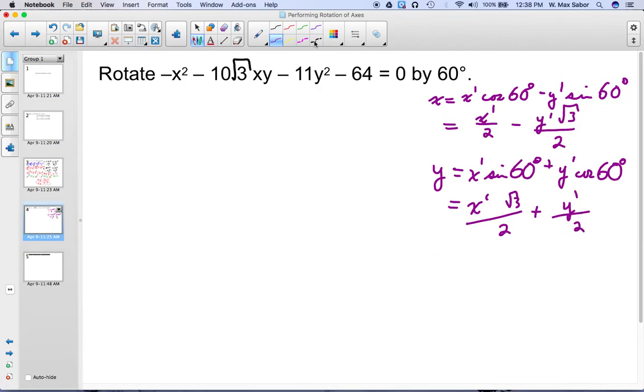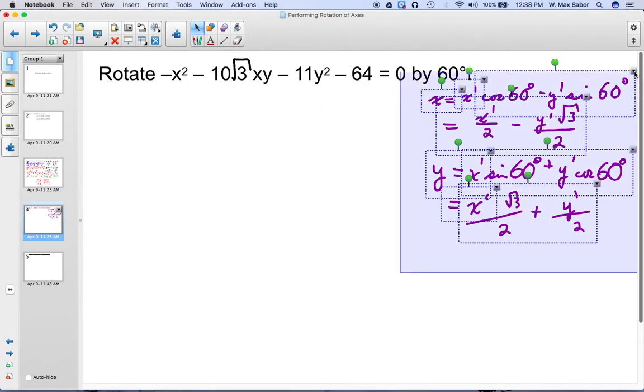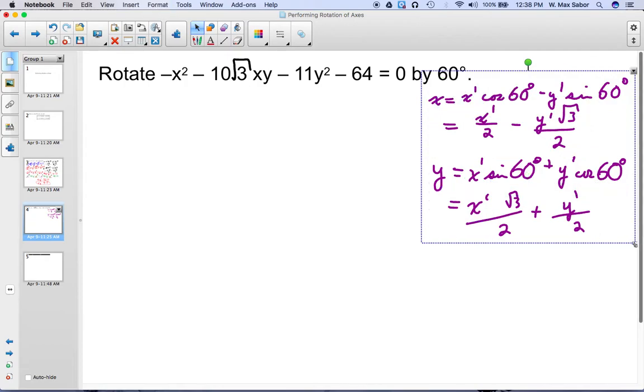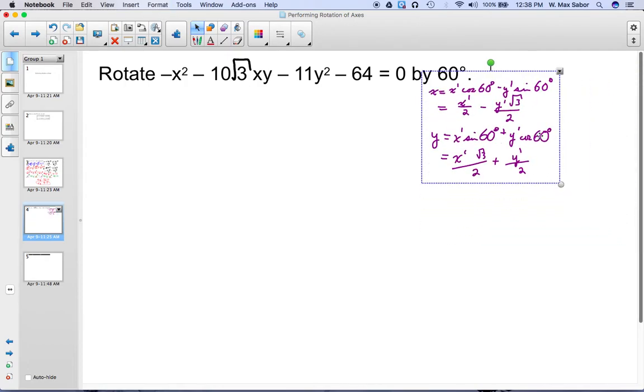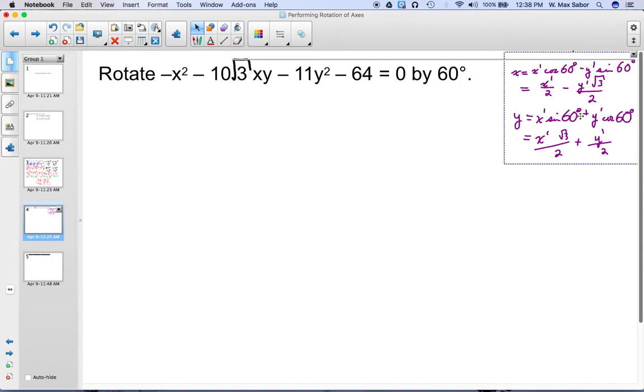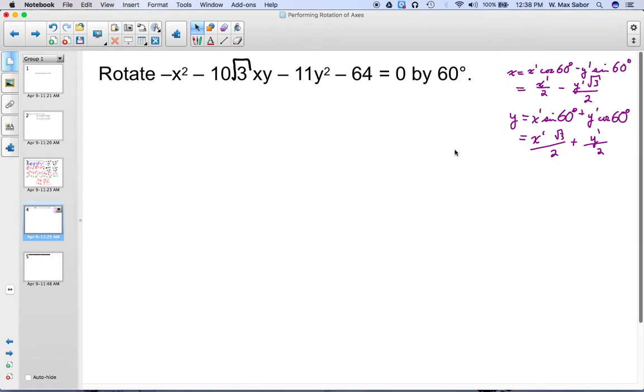And now we substitute these in. Now this is going to take up a bit more space, so I'm going to take this and move it to the side just to remind myself of what I'm doing, but I definitely will need a lot of space for a rotation problem with this much stuff.